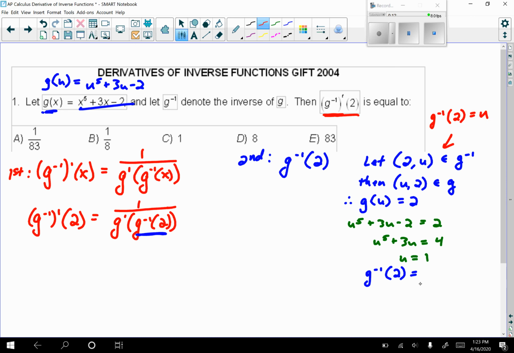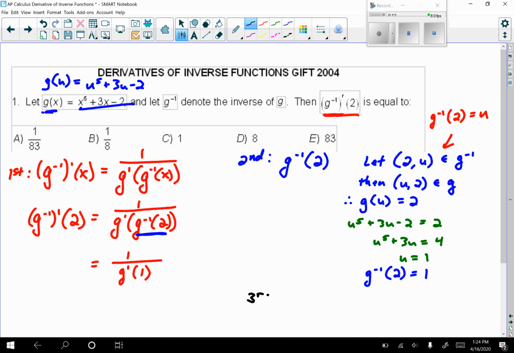So that's where I'm using this down here. And we said u is equal to 1. So we have the inverse of g of 2 is equal to 1. So now when I come back over to this step, this whole quantity here gets replaced with a 1. And as soon as we do that, it becomes a lot easier. So now what I need to do next is figure out what g prime of 1 is.